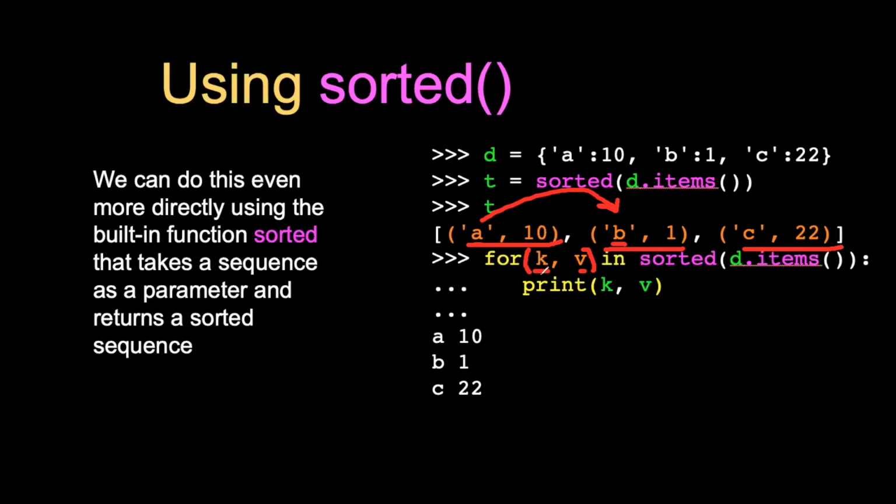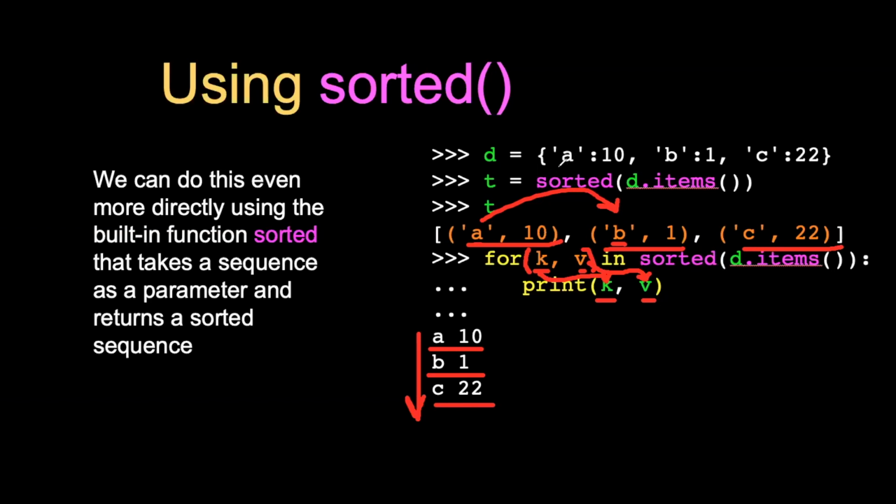Because all you need to do is to fetch K and V individually, right? You don't need to put them in a tuple. So you can simply eliminate the parentheses and print K and V respectively, and this allows you to print them all in ascending order, ascending by the keys. Okay, so key A is smaller than B, which is smaller than C, and the value goes with it. So this is one way to use sorted to sort through your entire dictionary.